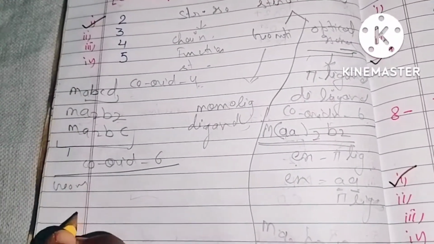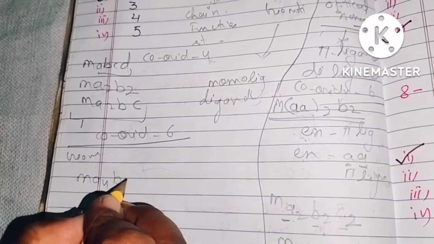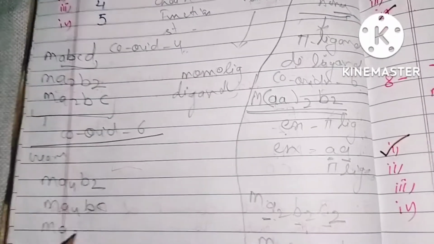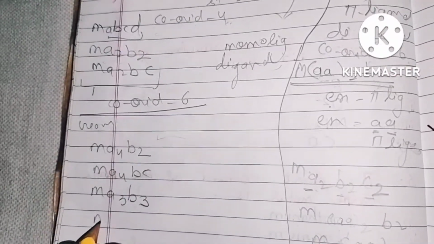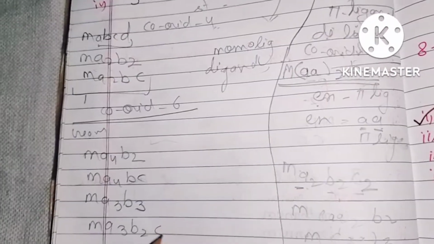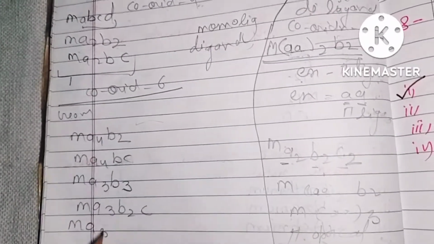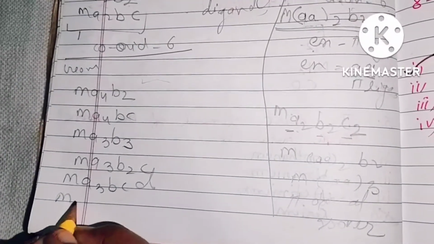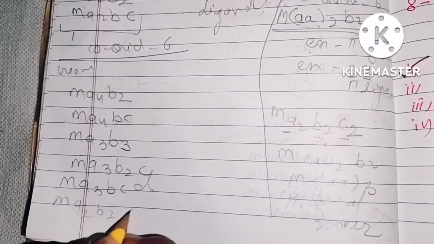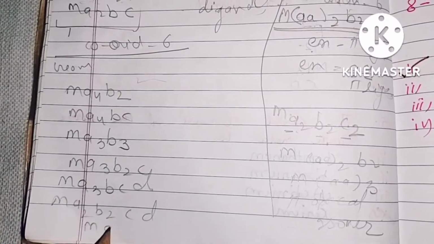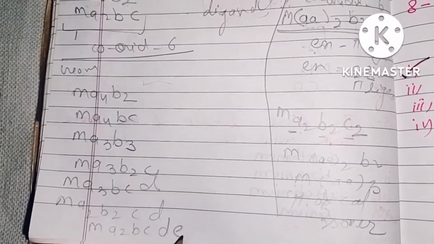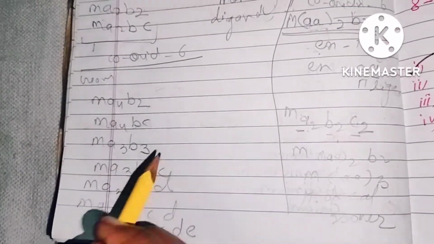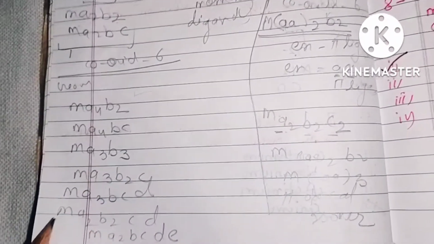These examples are M A4 B2, M A4 B C, M A3 B3, M A3 B2 C, M A3 B C D, M A2 B2 C D, M A2 B C D E. These are different types of ligands and an arrangement of mono ligands in different conditions.